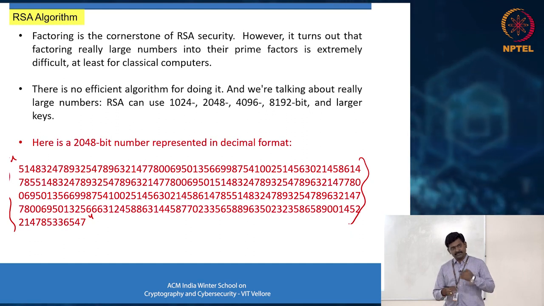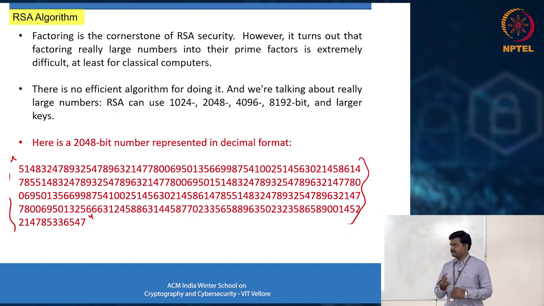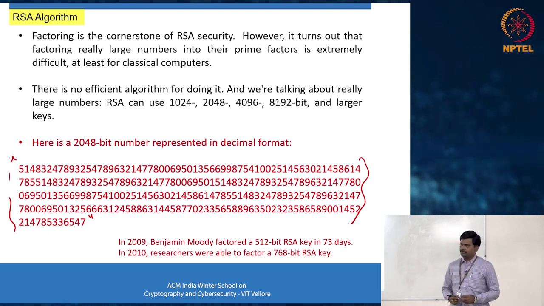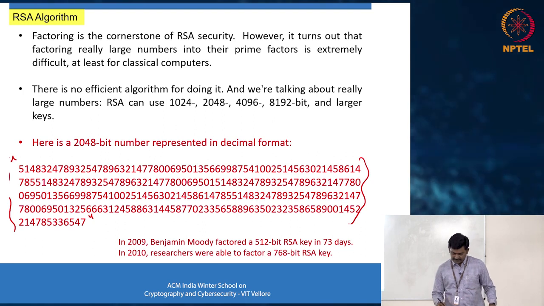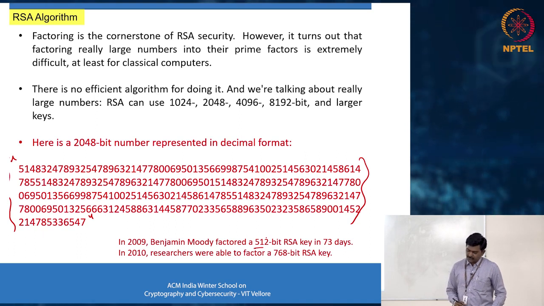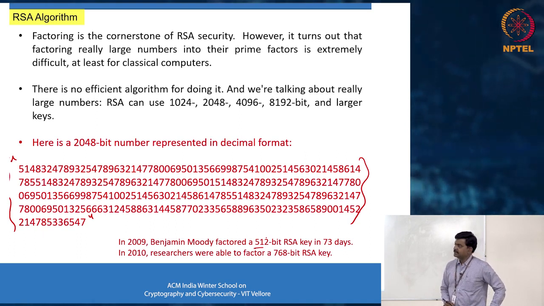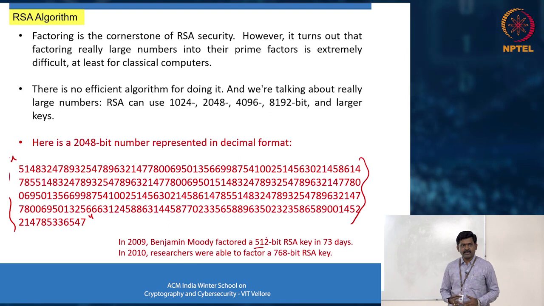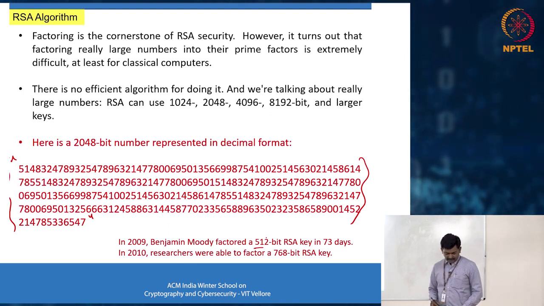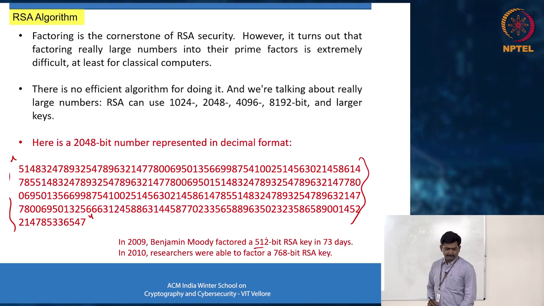Number two, calculating powers. People are able to crack the RSA algorithm for lower size keys, 512 bit and even 768 bit. That's why the minimum standard now is a 1024 bit length key for RSA, right?